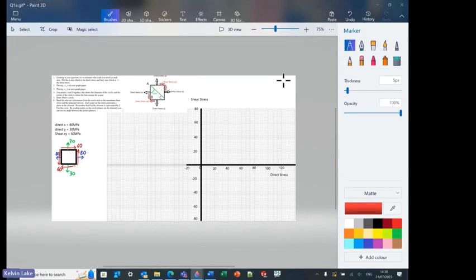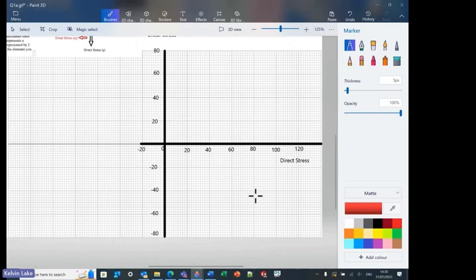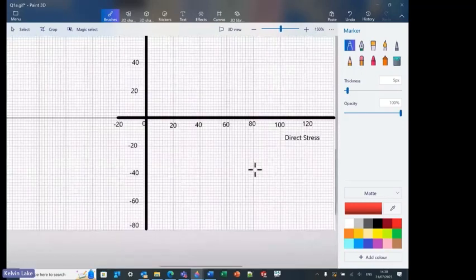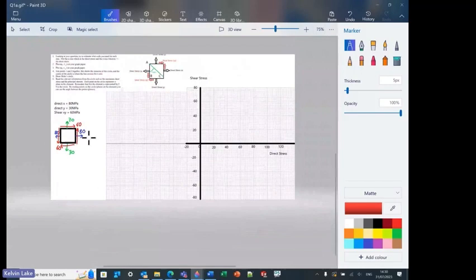So the first point we're going to plot is sigma x, minus tau xy. Sigma x is 80, so that's 80 on the x-axis, and minus tau xy, so that's going to be minus 30. So 80, minus 30. So if we zoom in here, 80 minus 60, isn't it? It's sigma x and minus tau xy. Tau xy is 60, so minus tau xy would be minus 60, so it's 80, minus 60.